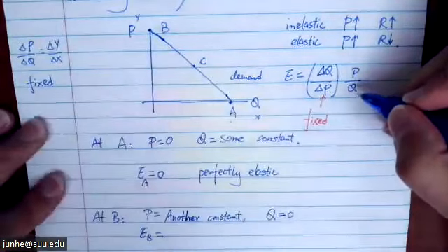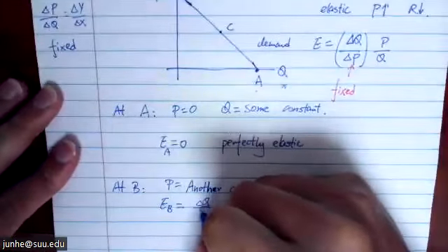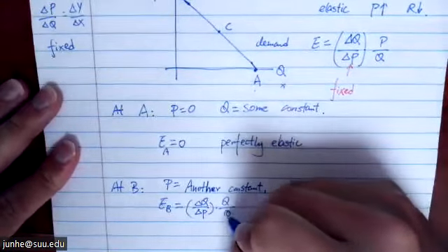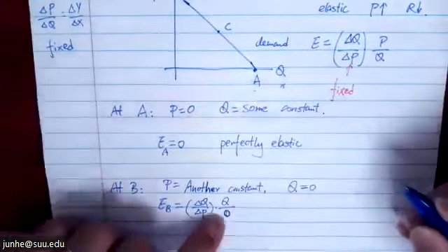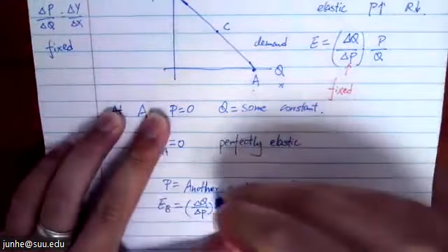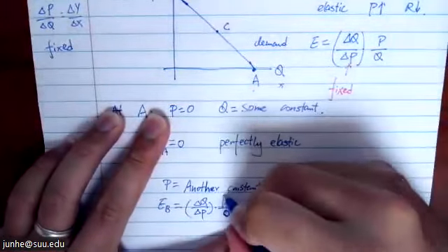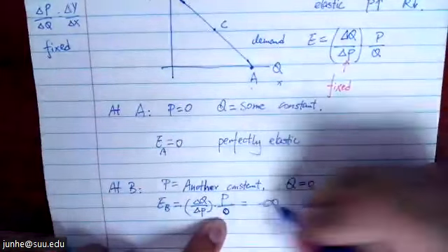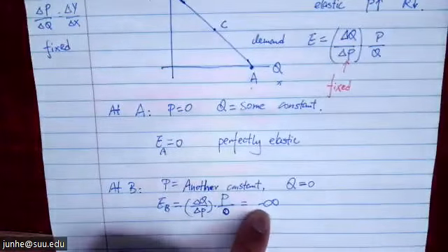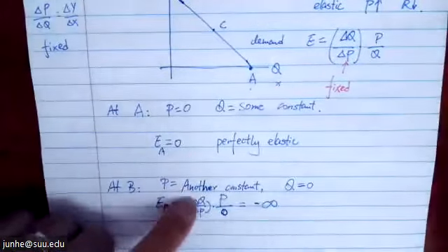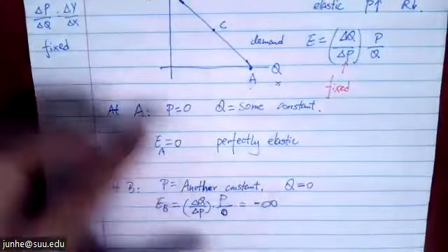So in this case, it's a certain value with 0 in the denominator. The result is negative infinity. Negative, because it's a demand. We know its sign is negative, but the key is it's infinity.